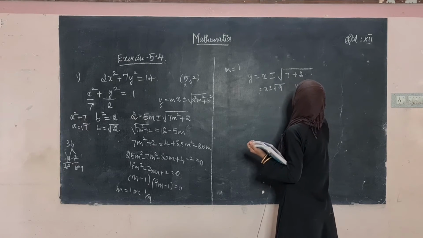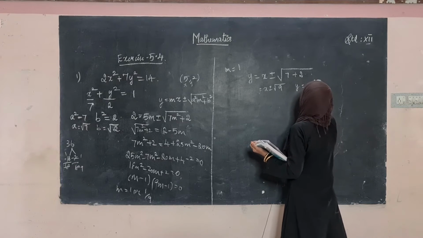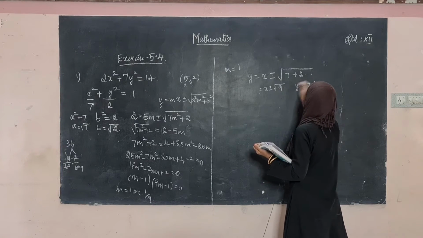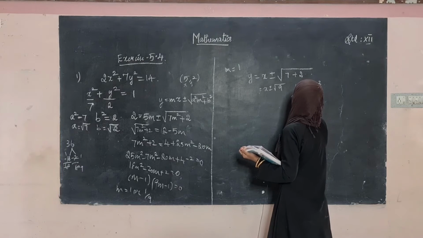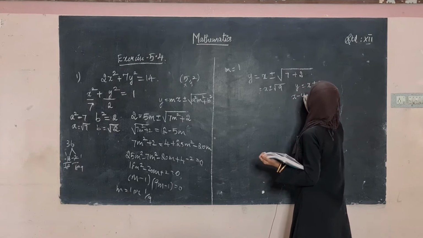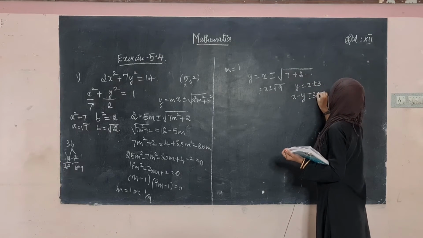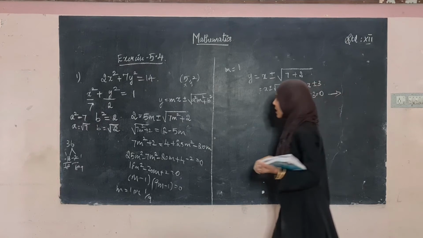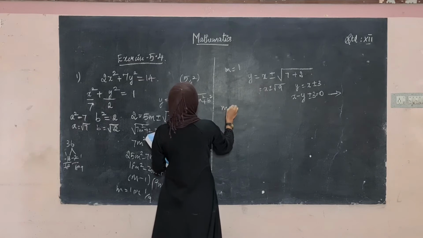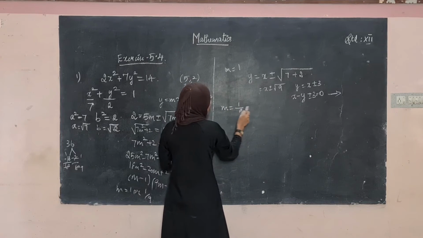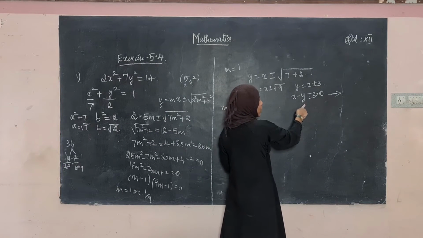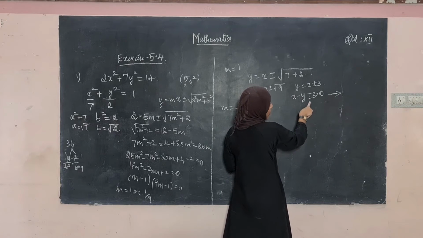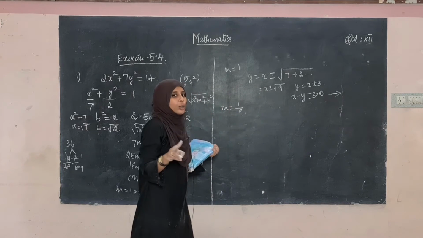So y will be equal to x plus or minus 3. So bring all this to one side. So x minus y plus or minus 3 is equal to 0. So when m is equal to 1, x minus y plus 3 is equal to 0 and x minus y minus 3 is equal to 0 are the two equations of tangent.